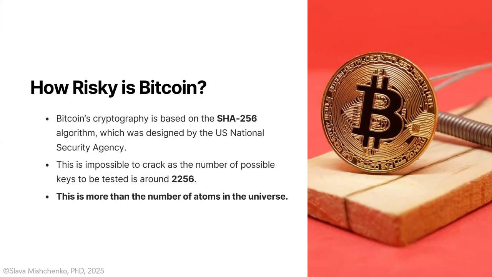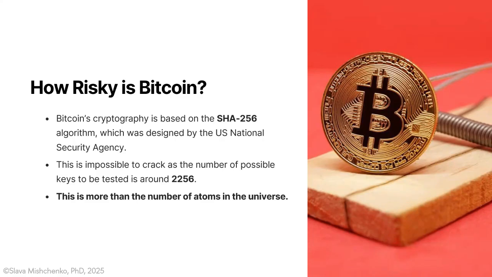How risky is Bitcoin? First of all, let me address one of the most common questions I got from the students about Bitcoin. How secure is it really? And the answer lies in the remarkable cryptographic technology that underpins the entire system. What I find absolutely fascinating about Bitcoin security is that it uses the so-called SHA-256 algorithm, which was actually developed by the US National Security Agency.